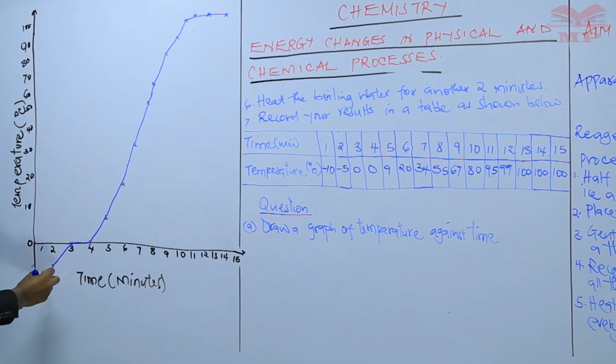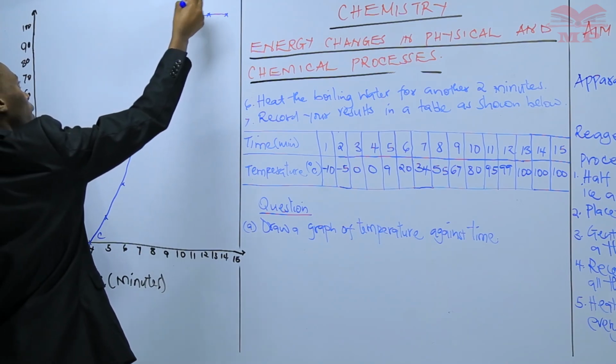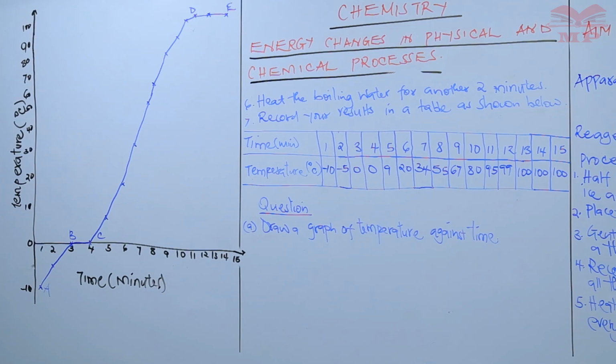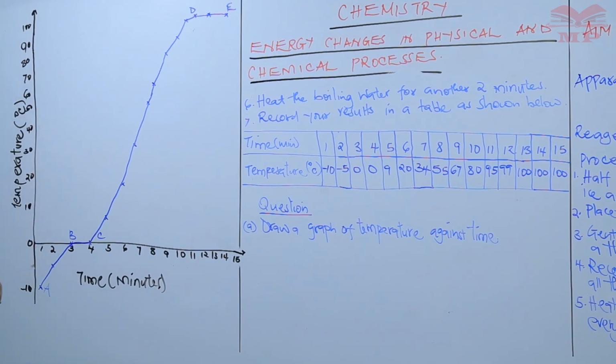Suppose now we label this graph as point A, this being point B, this is our point C, our point D, and our point E. So it looks like that, though ours is not drawn to scale. If it was drawn to scale, it would look more neat compared to the sketch of values we've just gotten from our minds.